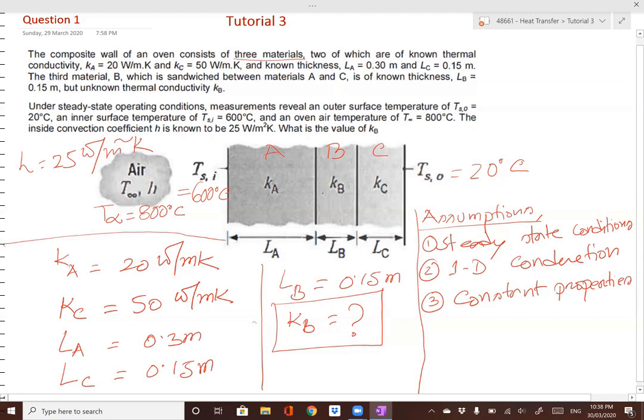Also, we'll ignore the contact resistance between the materials, so contact resistance is negligible.